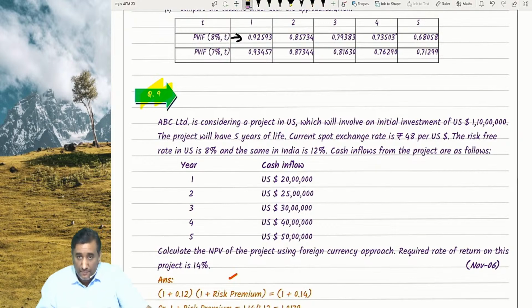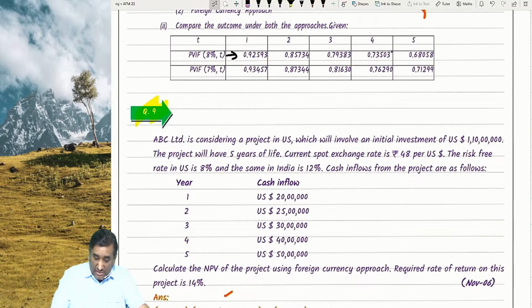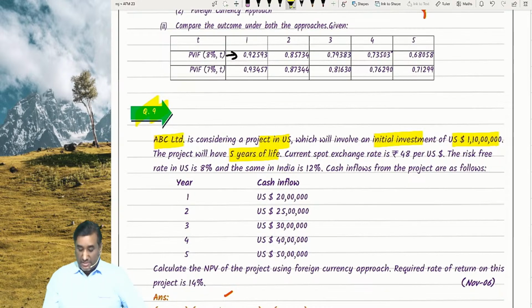Can I do it? Yes. Let me try. It says ABC Limited is considering a project in US which will involve an initial investment of 1 crore 10 lakh. The project will have a 5-year life. Current spot exchange rate is 48 per US dollar.